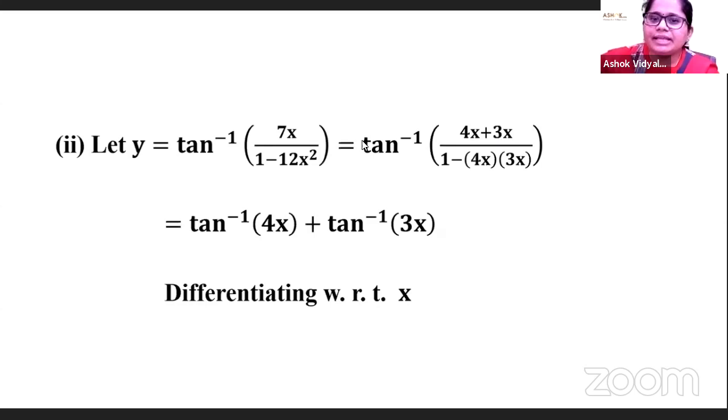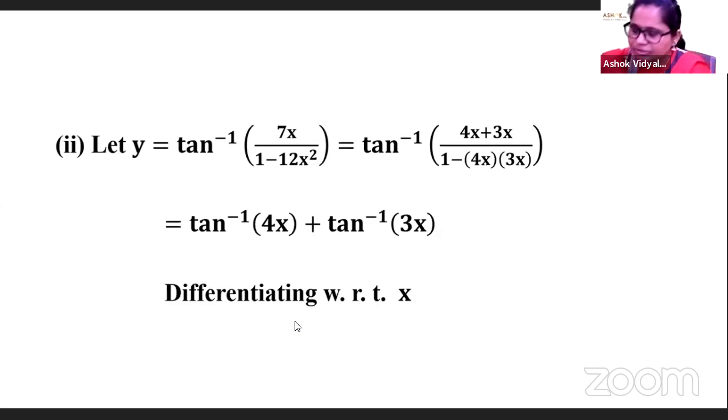Here 4x plus 3x is 7x and the multiplication of 4x into 3x is 12x square. Hence, we can express this bracket in the form alpha plus beta upon 1 minus alpha into beta. This is 4x plus 3x upon 1 minus 4x into 3x, and this is the formula for tan inverse of 4x plus tan inverse of 3x.